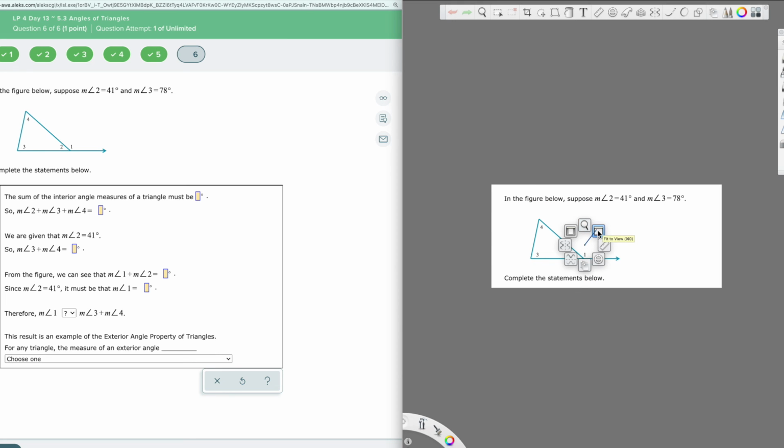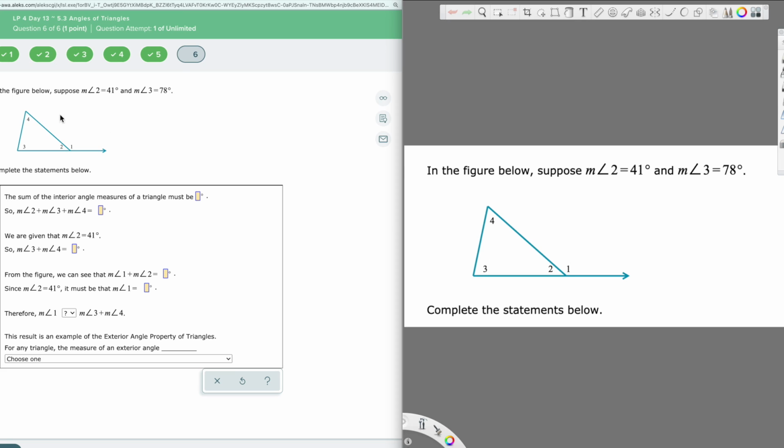Okay, so with this one we have, suppose in the figure, angle 2 equals 41 degrees and angle 3 equals 78 degrees. And then we're going to go through and fill in some blanks, and I can see from the diagram and from what we learned in this section, we're going to be focusing on the exterior angle theorem. We're going to prove something about it.